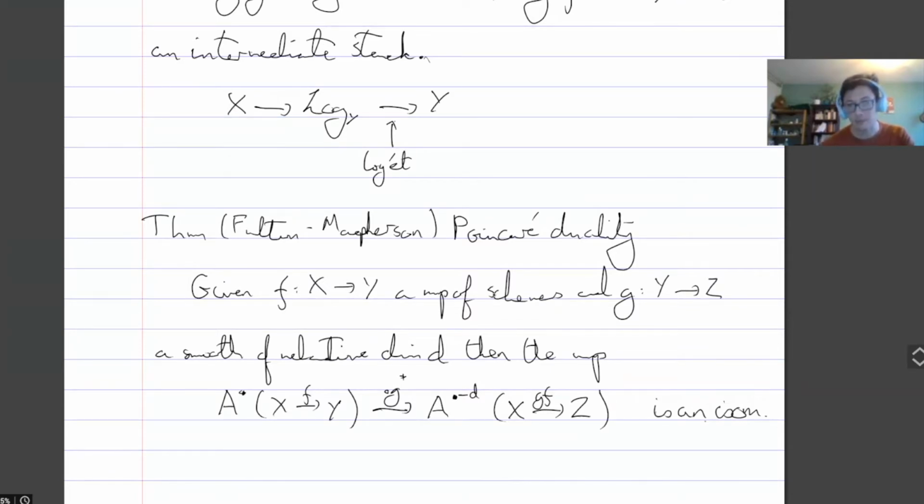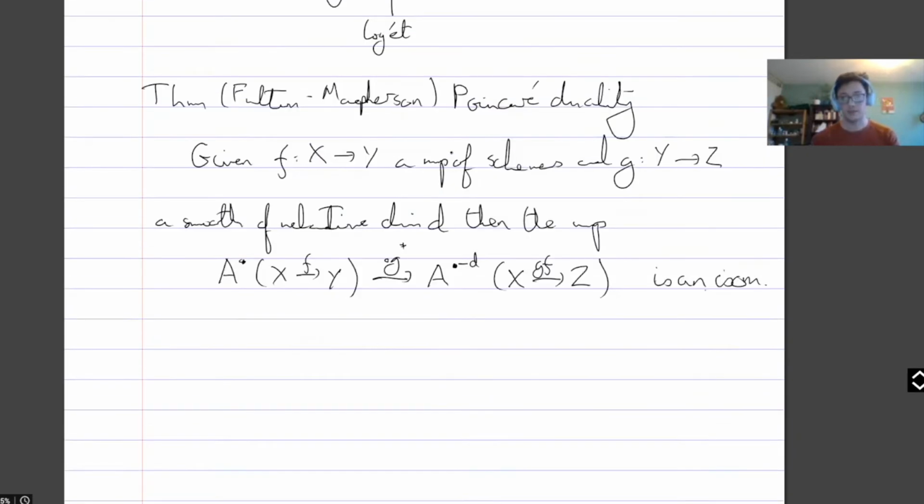So if this statement were true, but I replaced smooth with log smooth, or even just log étale, then I could actually just descend the construction that I already have along this map. I'd compose with this thing, which is sort of birational. In nice cases, it's a birational map. And I'd end up with something actually in the bivariant theory of X relative to Y.